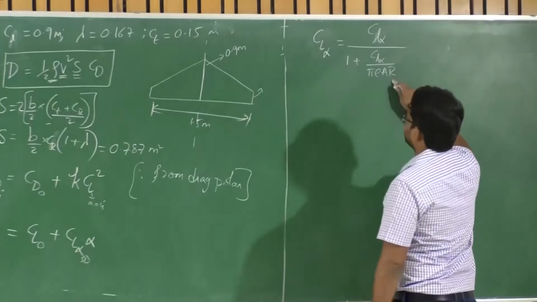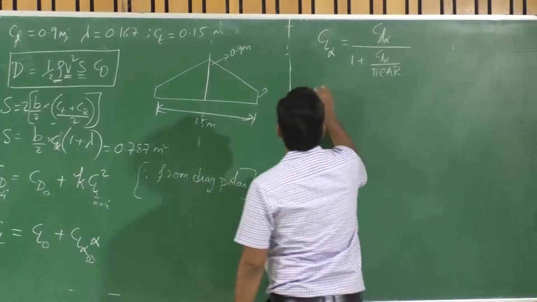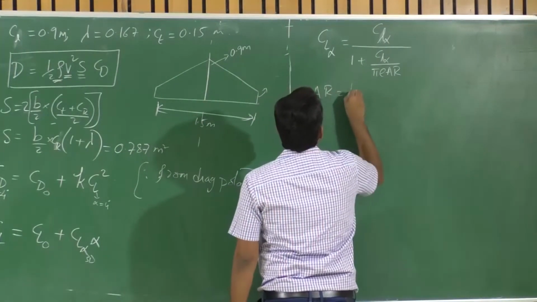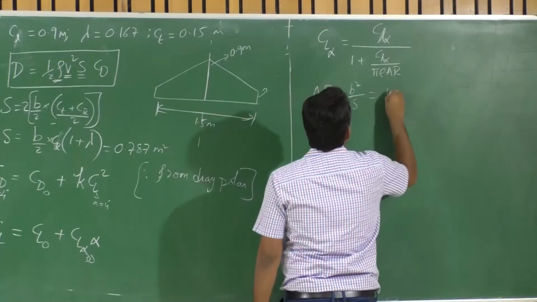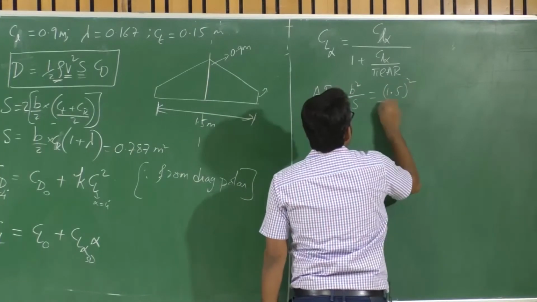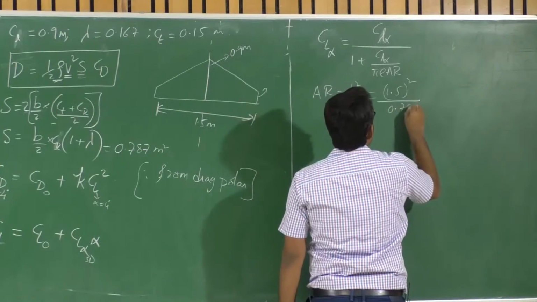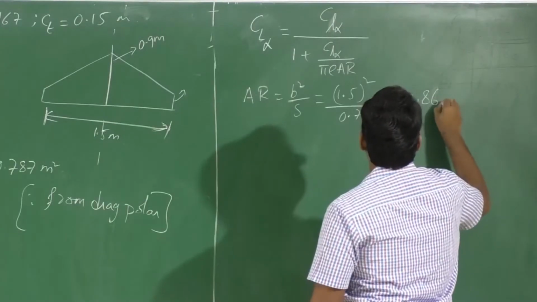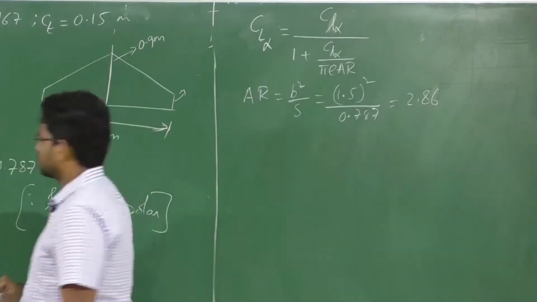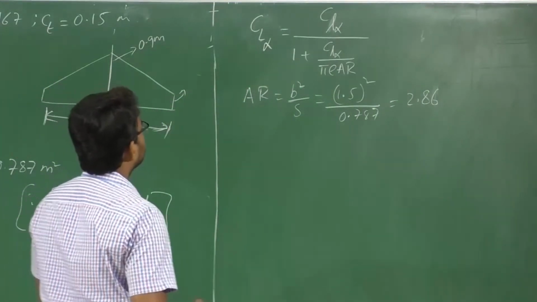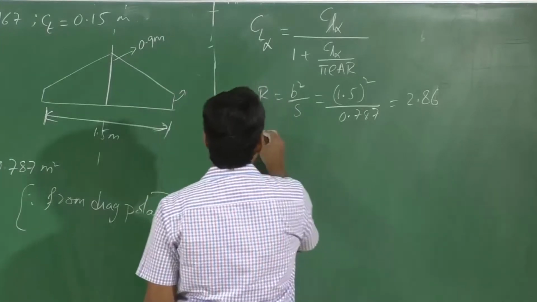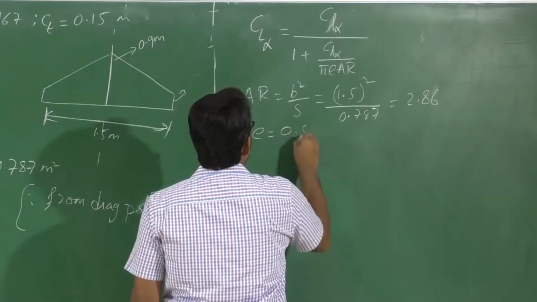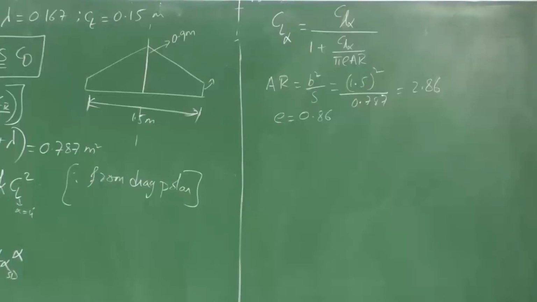Now we need to find out what AR is. The aspect ratio of this wing is b square upon S, which is 1.5 square over 0.787. If you find it, it is 2.86. So 2.86 is the aspect ratio for this configuration, and we have E as 0.86.